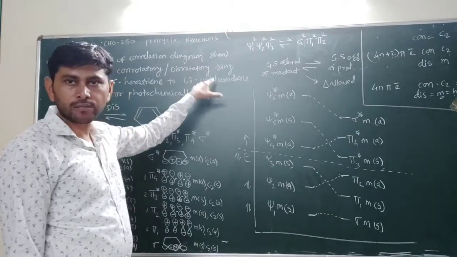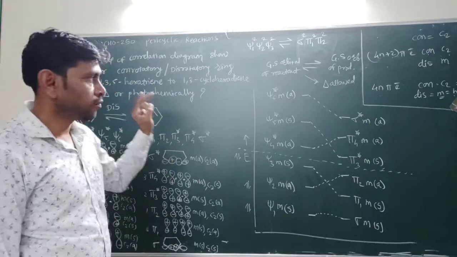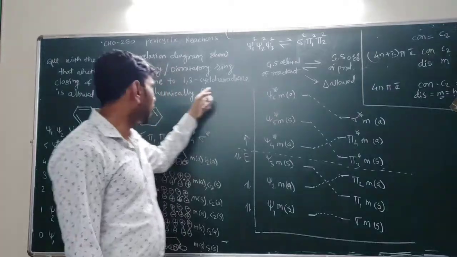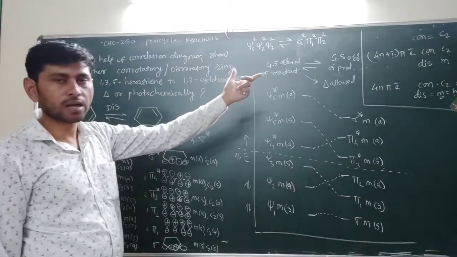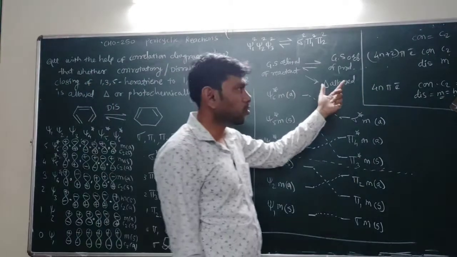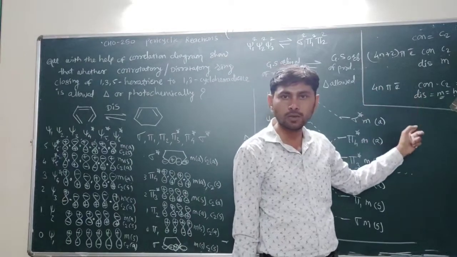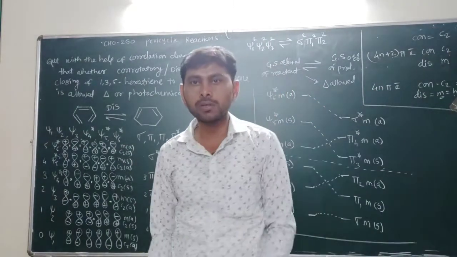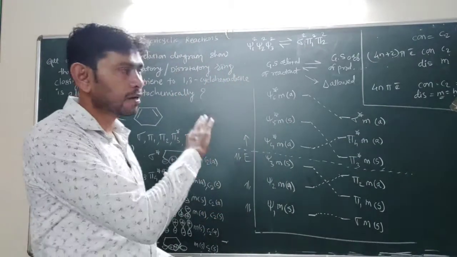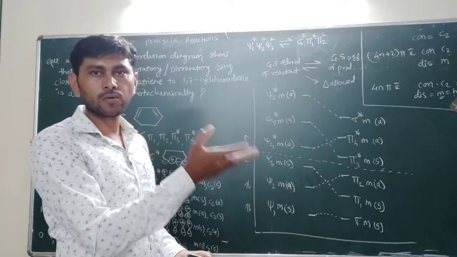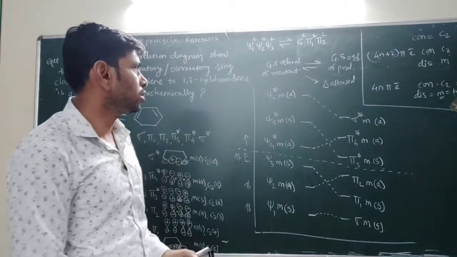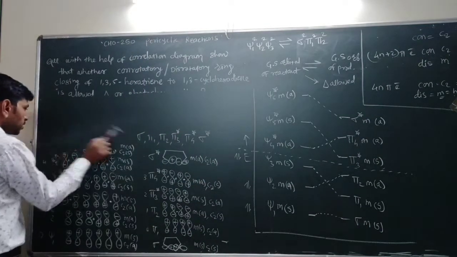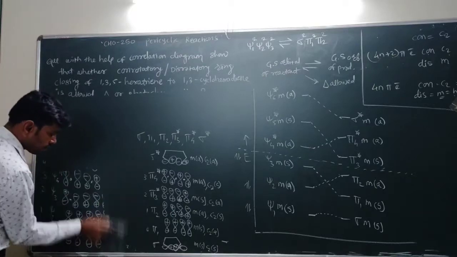And the correlation diagram we have studied in two cases, the 4n pi electron system and the 4n plus 2 pi electron system, and showed whether these reactions are allowed thermally or photochemically by conrotatory and disrotatory motion. We found that these selection rules show that the reactions are thermally or photochemically allowed by disrotatory or conrotatory motion. So this is the first analysis of electrocyclic reactions, the correlation diagram.